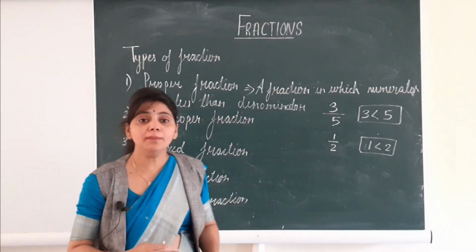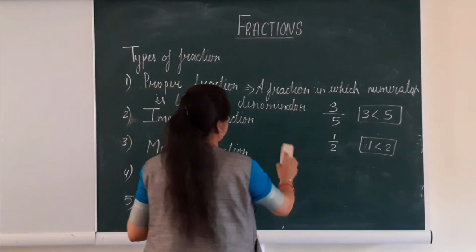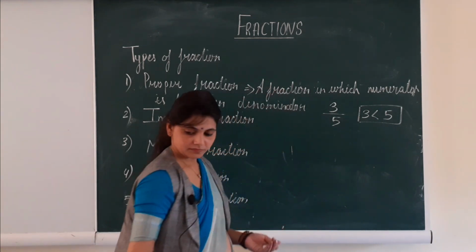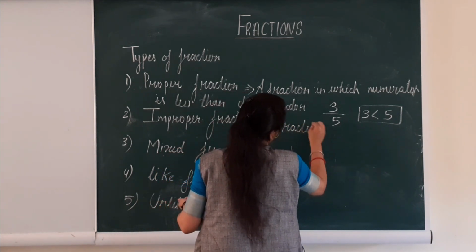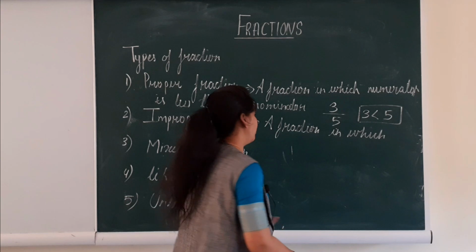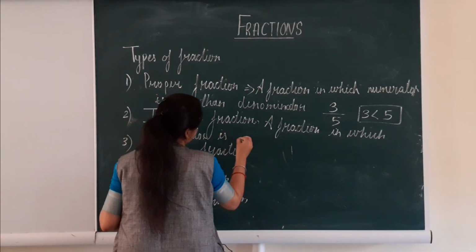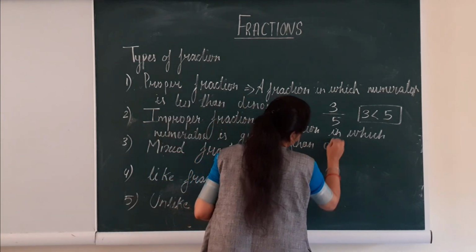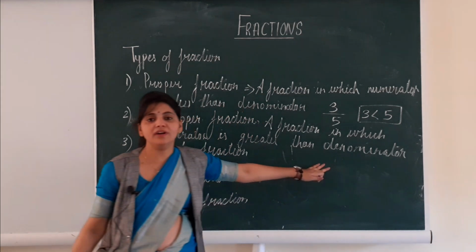Now, next is improper fraction. A fraction in which the numerator is greater than the denominator is known as an improper fraction.